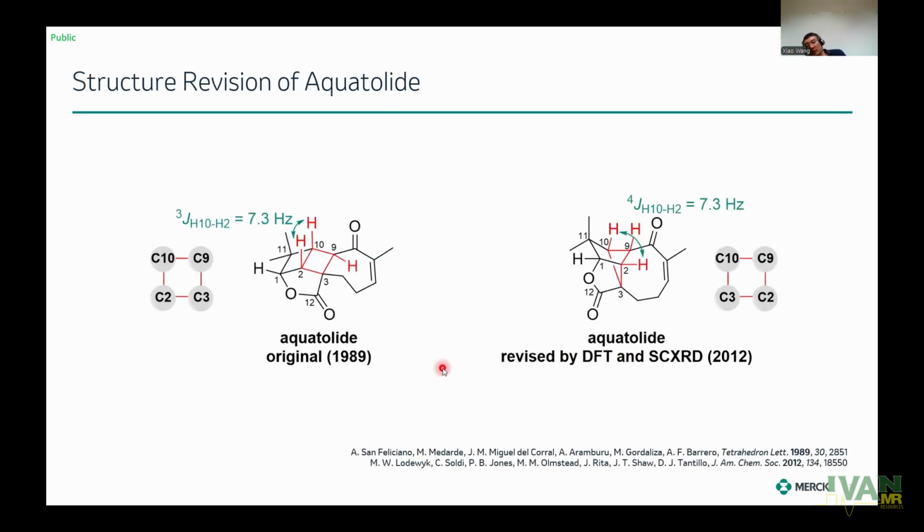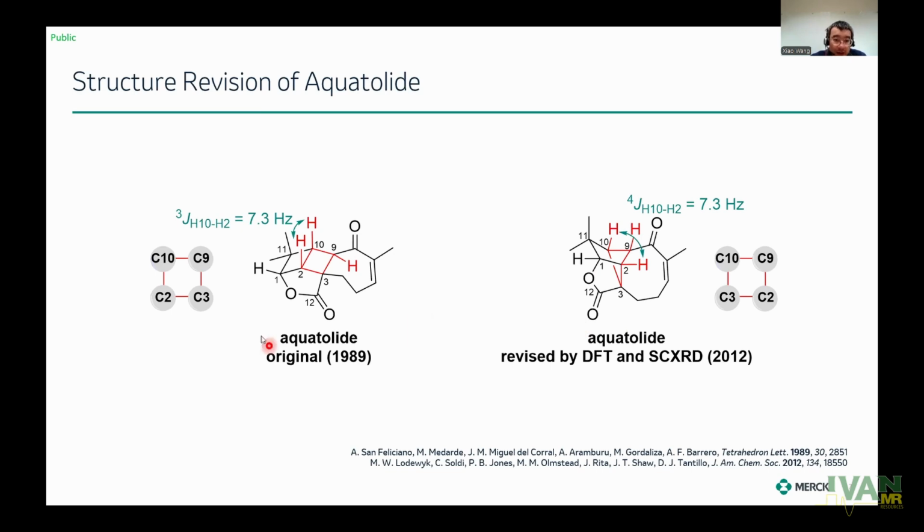This is quite like what Thomas mentioned in his talk as well. The original structure was characterized in 1989, and then the structure was revised in 2012 by DFT calculations, followed by confirmation from single crystal X-ray.